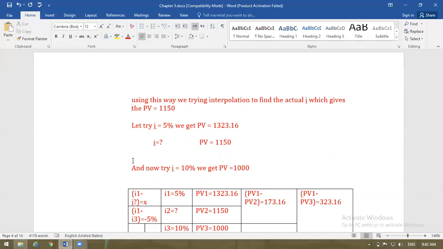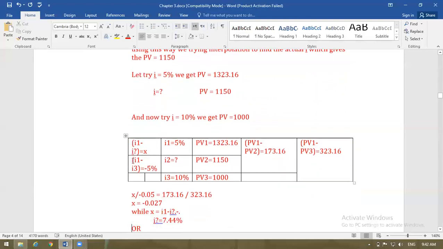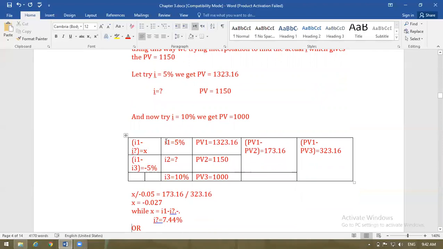So when I intentionally want to lower the price of the bond from 1323 to a lower value, the interest rate must increase. So I use a 10% interest rate. At 10% interest rate, the present value of the bond will be 1000.